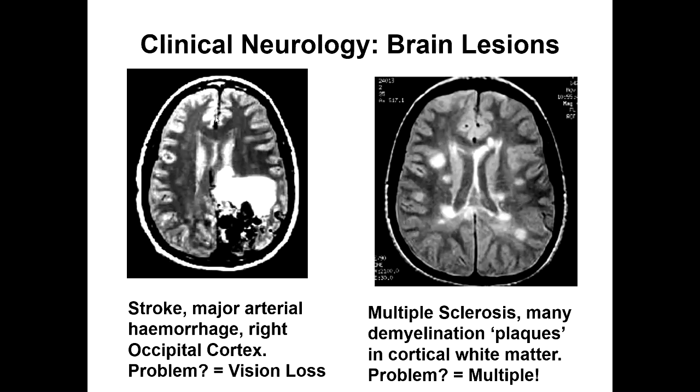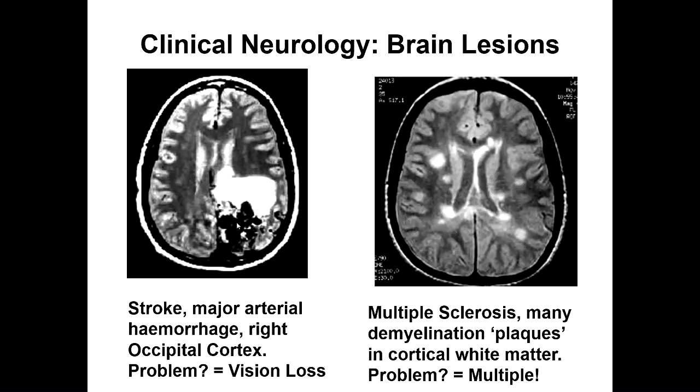This person on the left here, as you can see, has got a major problem back here, in the occipital lobe, on the right side of their cerebral cortex. In fact, the problem that they've had is a major artery has hemorrhaged or burst, and that's what this black stuff is.